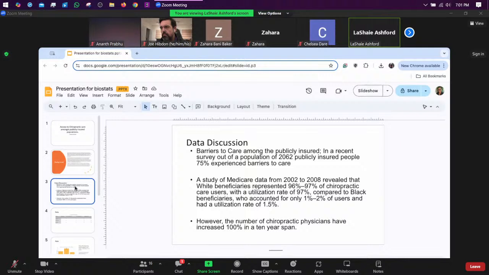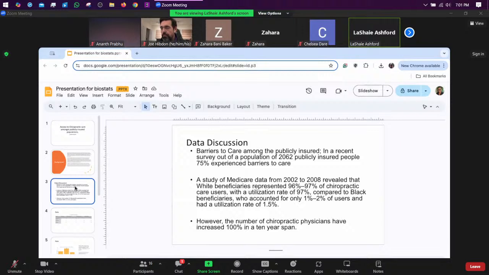In another study about Medicare, white people visited a chiropractor 97% of the time when insured by Medicare, whereas Black people only 1.5% utilized the chiropractor.